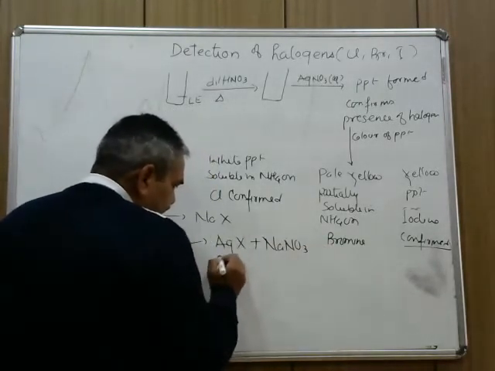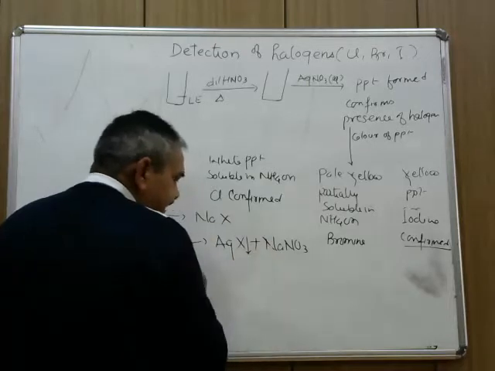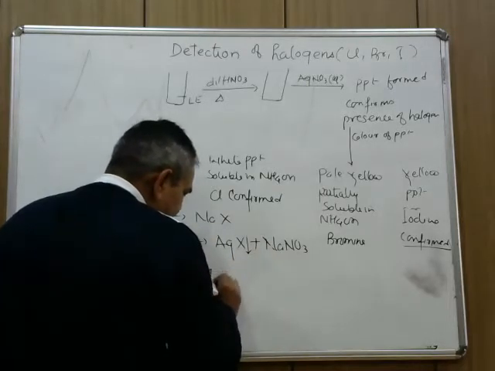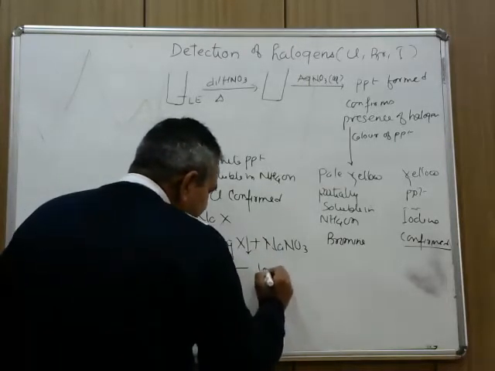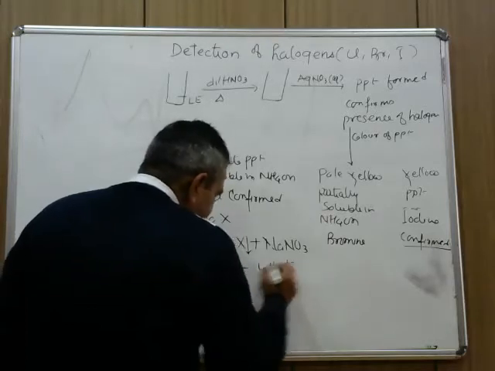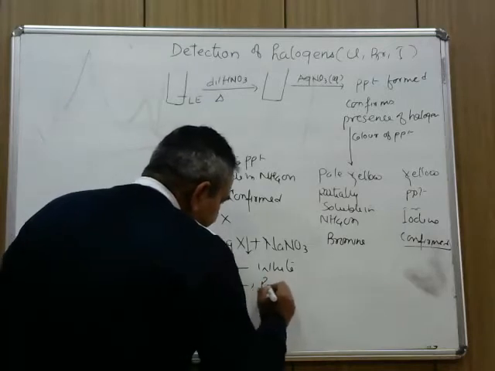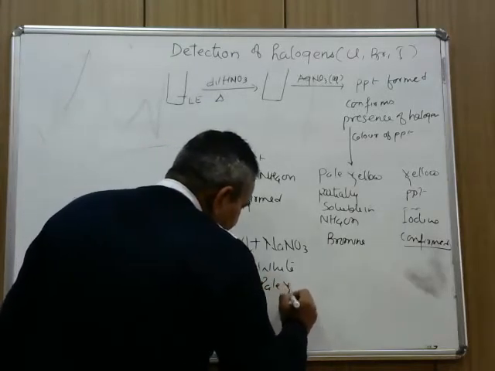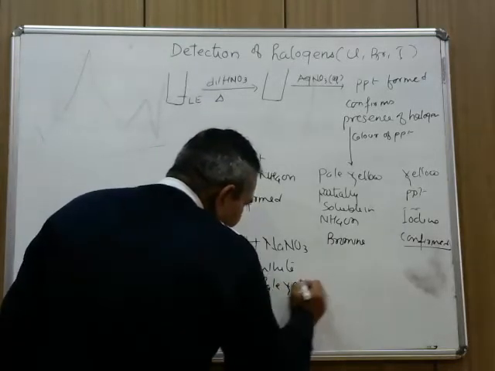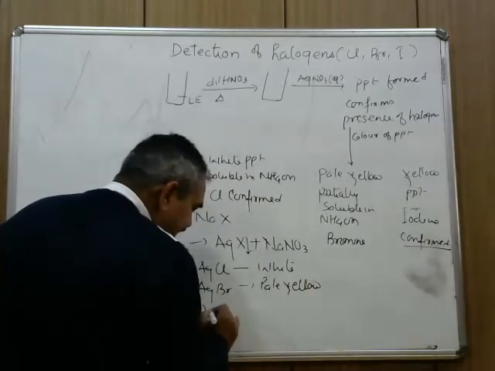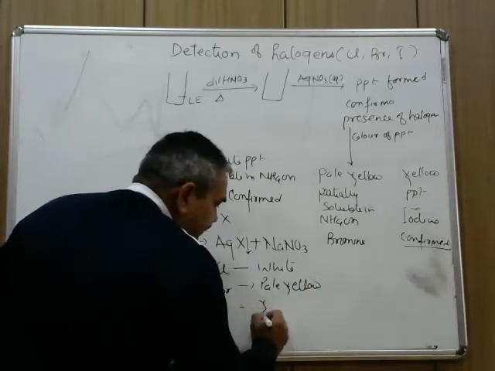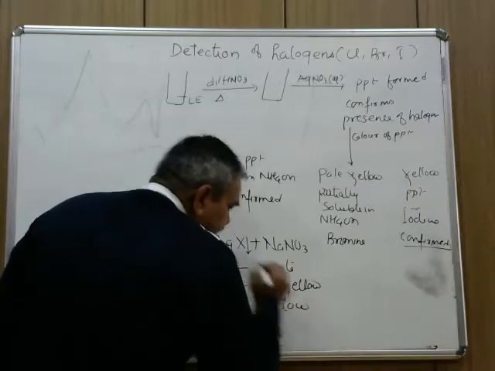Now this AgX is precipitated. AgCl is white, AgBr is pale yellow, and AgI is yellow.